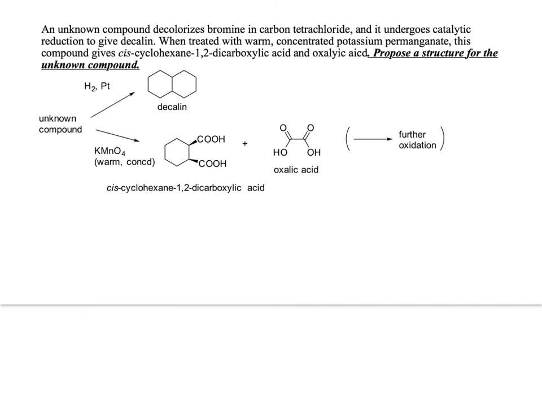Okay, so an unknown compound decolorizes bromine in carbon tetrachloride. So it's just saying you have an alkene. It undergoes catalytic reduction to give decalin. So you have an alkene, and when it's treated with potassium permanganate, hot, concentrated, then it's going to give you this dicarboxylic acid.